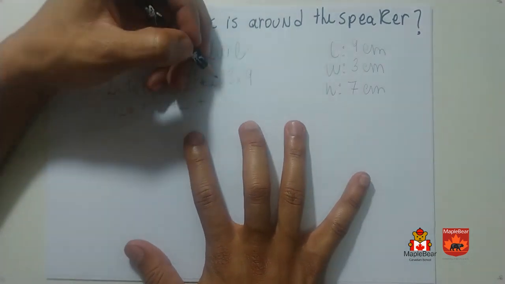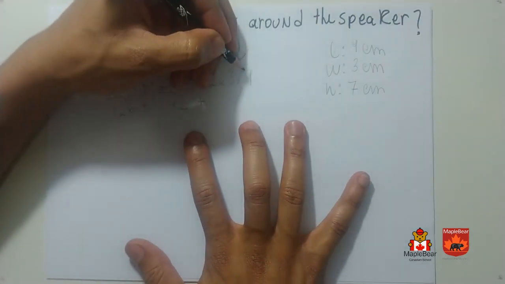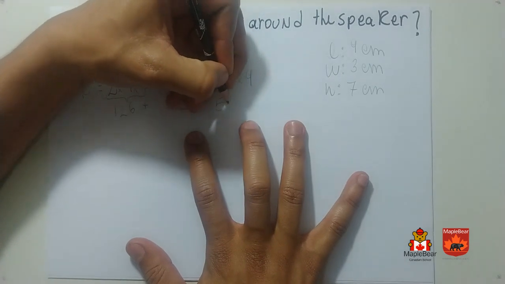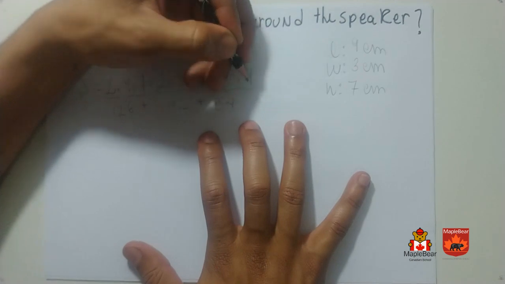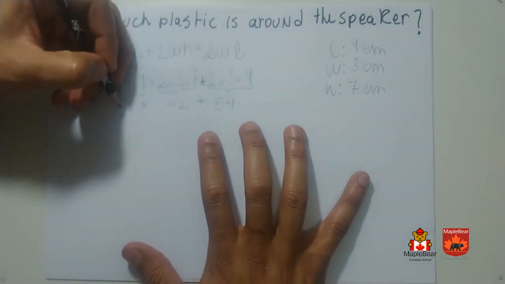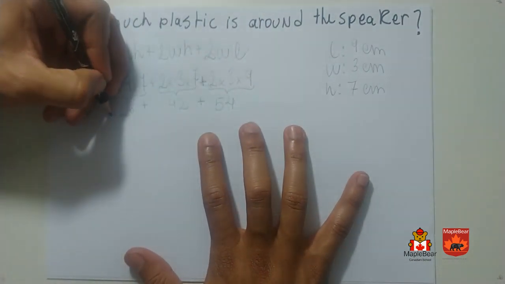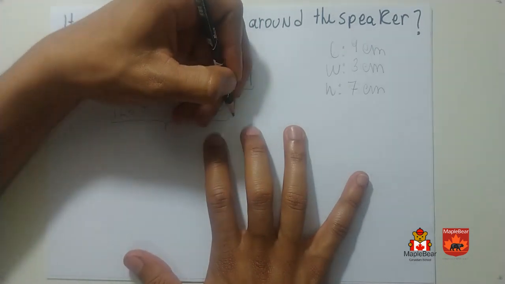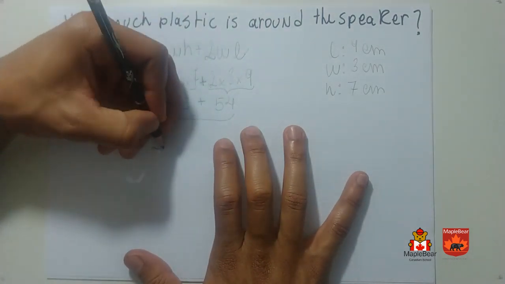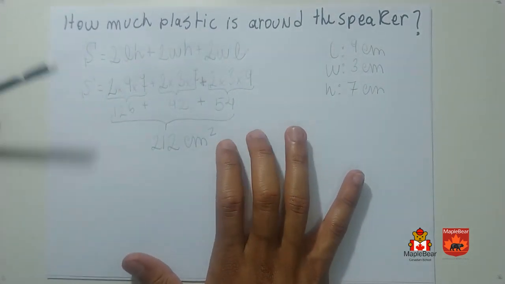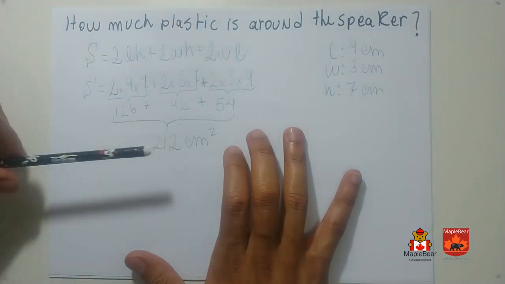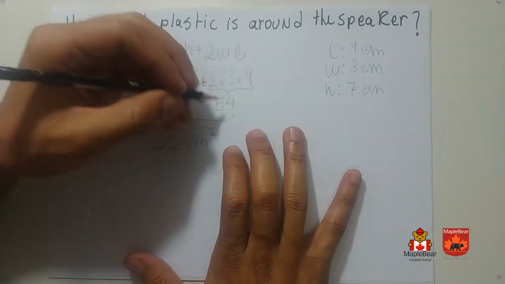And 2 times 3 times 9 equals 54. Cool. So solving this: 126 plus 42 plus 54 equals 212 centimeters squared. Remember that every time we're talking about area, it is squared.